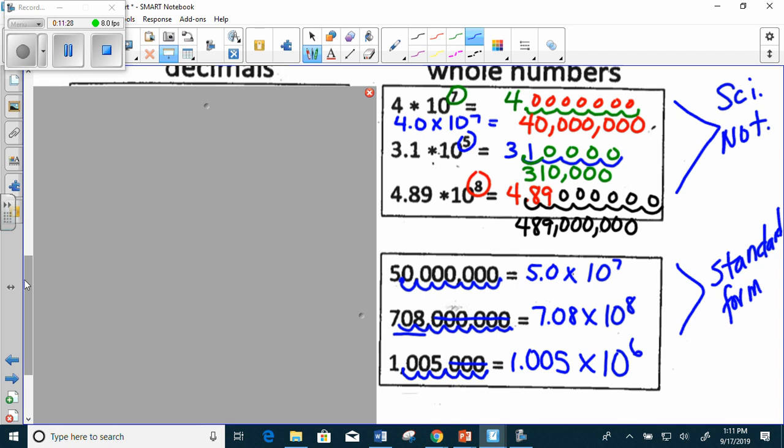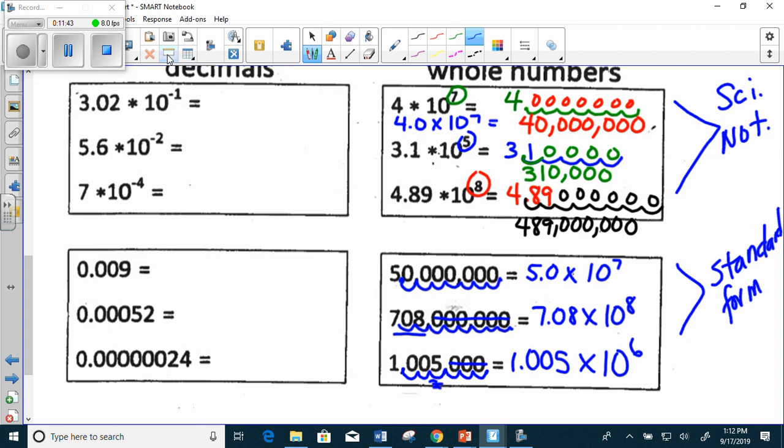So don't forget about this number 5 here. You can't drop it. You can drop the rest of the trailing zeros. All right, so how does that look? Not too bad, right? All right, now click on the next video for your very small numbers in scientific notation and standard form.